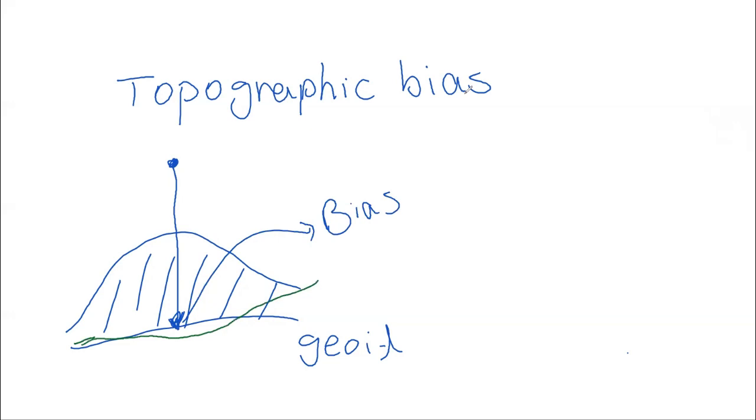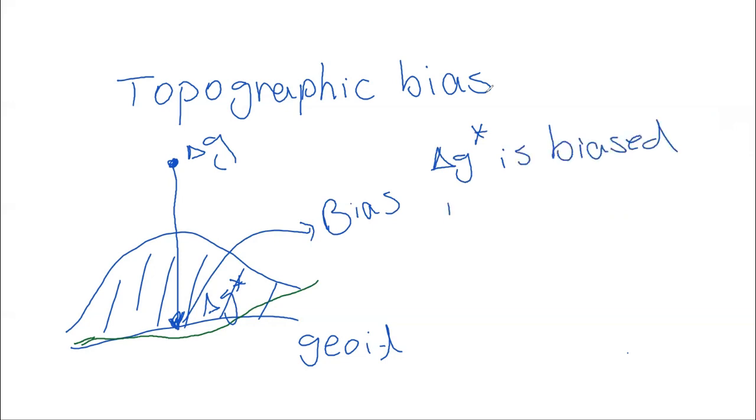And for example, if you have continued downward the gravity anomaly here, the gravity anomaly down, this gravity anomaly is biased by topographic mass.